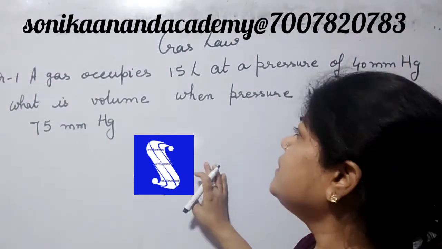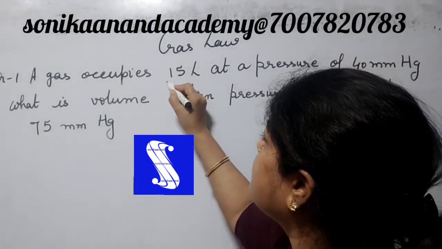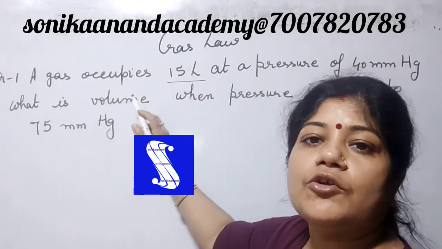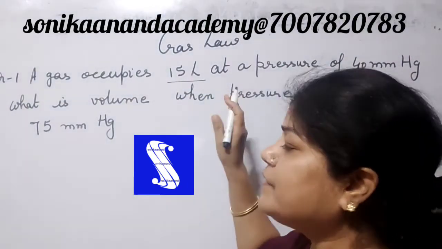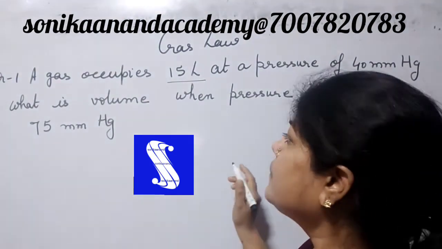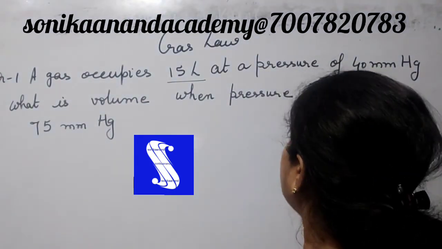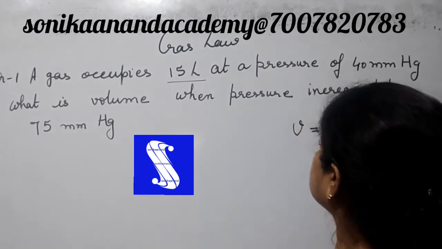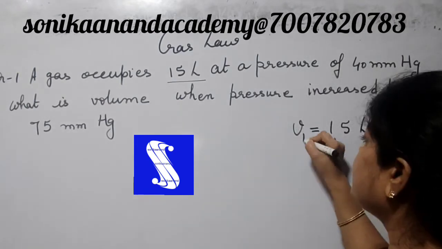Now here you can see that this is the 15 liter volume which is occupied by the gas. Firstly, whenever there is a numerical, you just analyze the question and we get volume is equal to 15 liter. We can take it as V1.